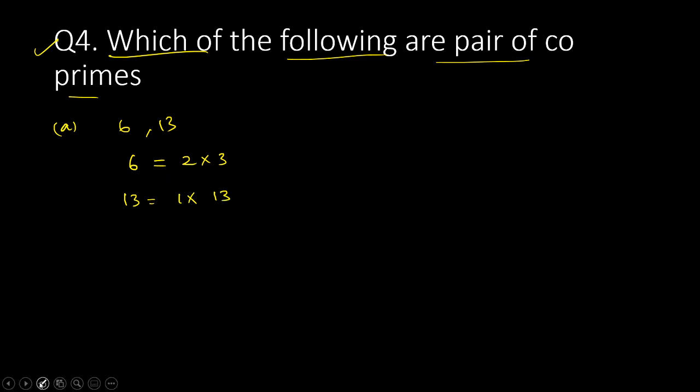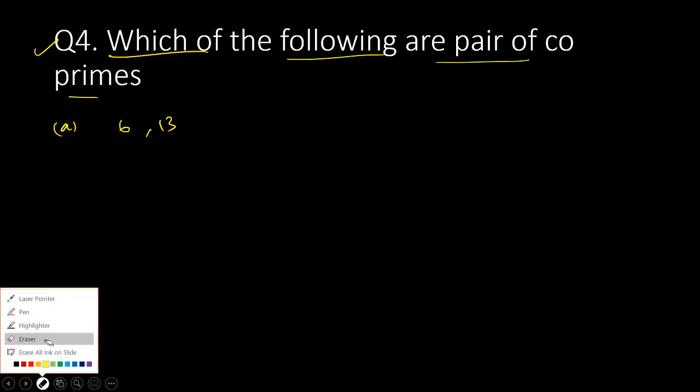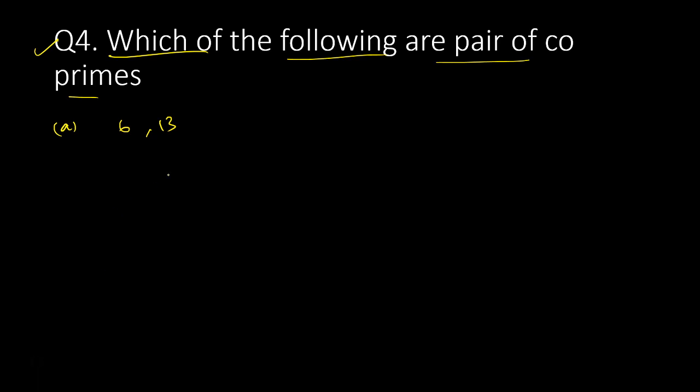Or I can write it like this also. How are you going to find the factors of 6? Look at this. Write the factors of 6. So 2 3s are 6 and 3 1s are 6, and for 13, 13 1s are 13.